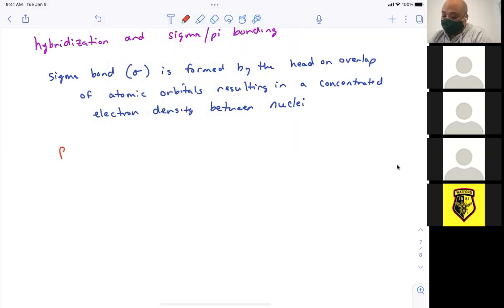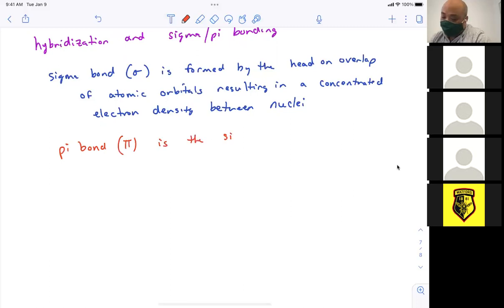But when you need additional bonds, like a double bond or a triple bond, you can only have one sigma bond between two elements. So the additional bonding has to occur in a different location than between the two nuclei because that's already occupied by the sigma bond. And that's where pi bonding comes into play.